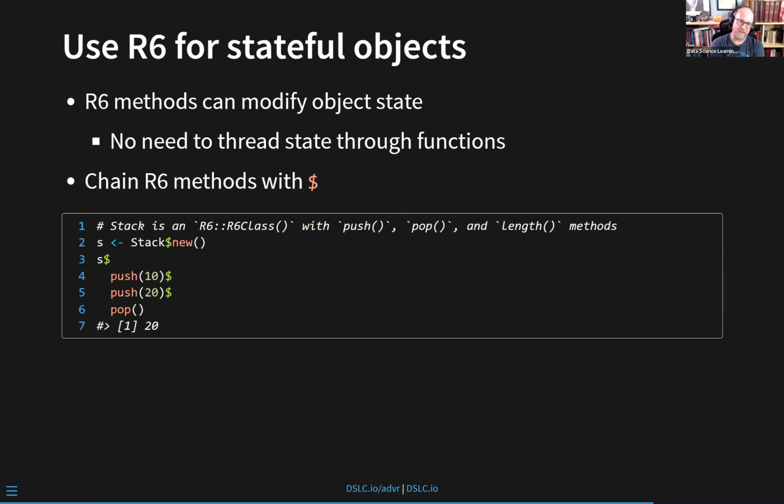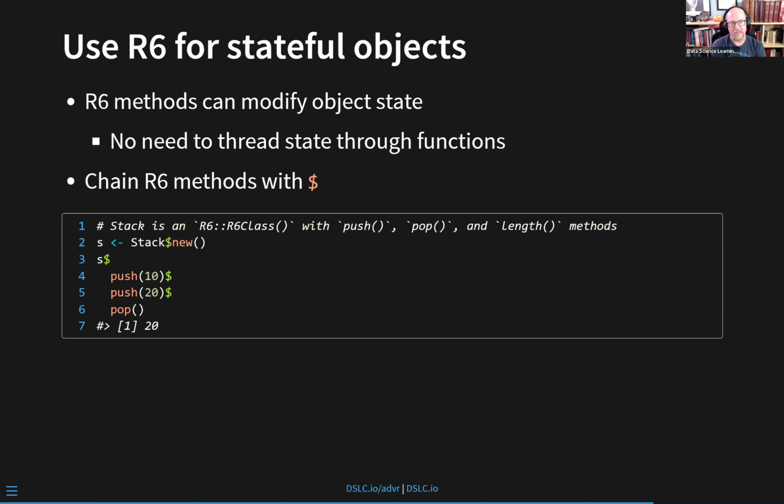The R6 methods can modify the object state, and so I put R6 methods can modify object state, but really, any function that gets the R6 object can modify that object. That can be confusing if you're used to normal R objects, but it also can be really powerful.